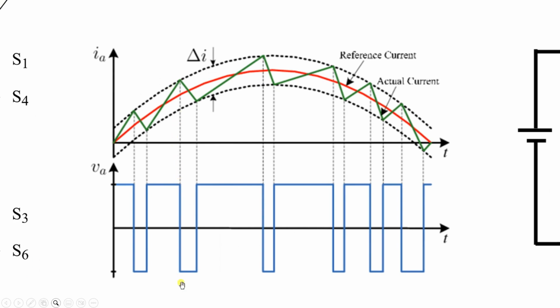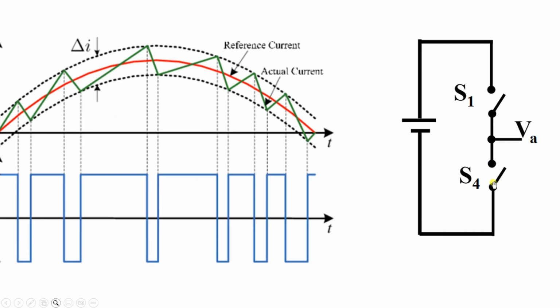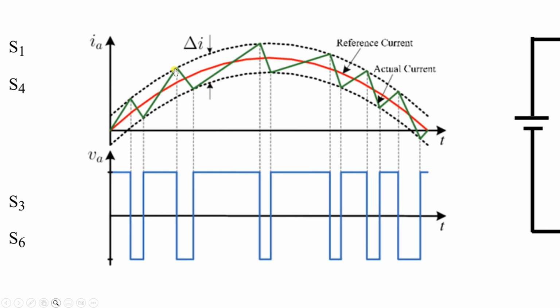We switch it to off, which means S4 is on, VA connected to the negative of the supply. So you can see that at this point, VA switched to the negative of the supply. Okay, so the current will start going down, down, down until a very large value.